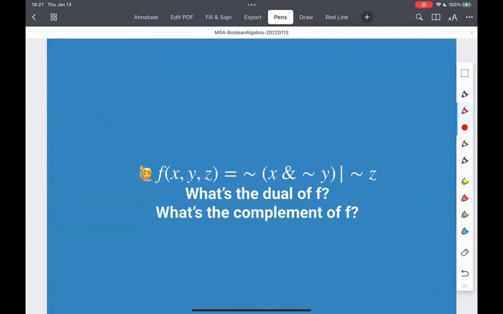So what's the dual of this F, which is written out here? And what is the complement of F? Again, just write in the chat.